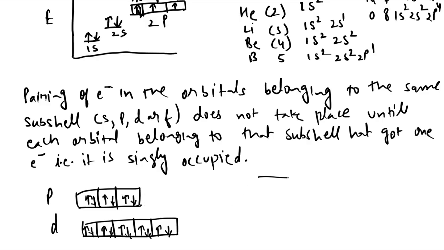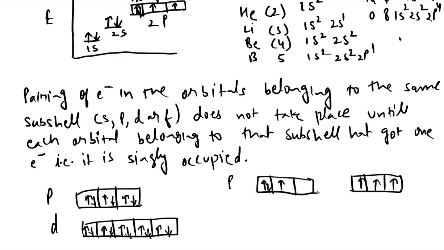If I do this for the p orbital, if I fill something like this, that is, for the p orbital I have 3 electrons, then out of these two combinations, both options are possible, right?